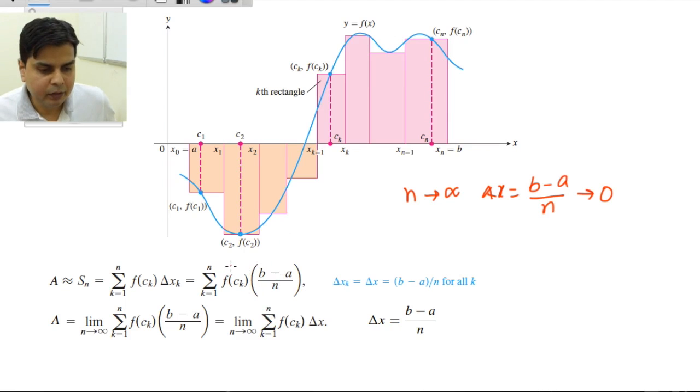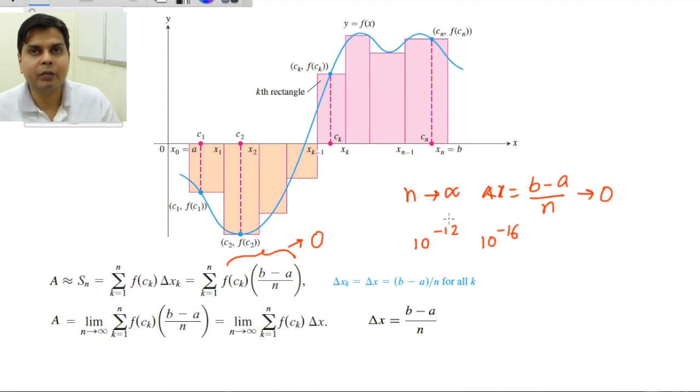Ultimately f(ck) into (b minus a) by n, each of them individually will be very, very close to 0, something like 10 to the power minus 12 or 10 to the power minus 16. I am just giving a rough figure to give you an idea. So you may ask, if I am adding these very, very small rectangles, how am I getting an area A, which is a finite area?